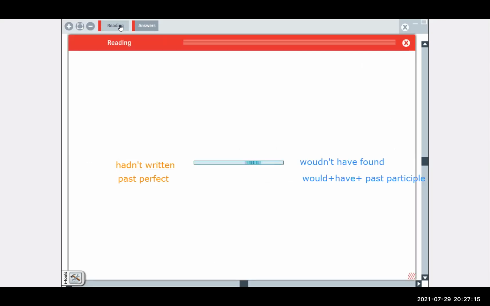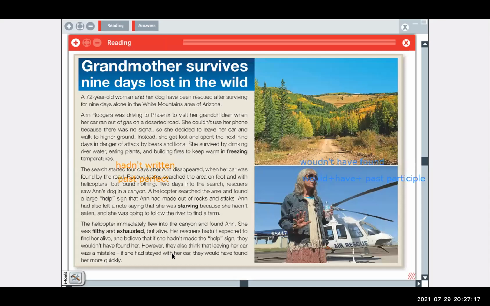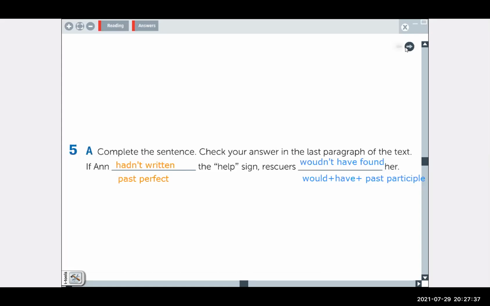Let's see here. Yes. If she had stayed in the car, and here we have, right? If she hadn't made, en lugar de written, aquí tenemos el verbo made, pero está bien igual. The help sign, they wouldn't have found her. Very good.